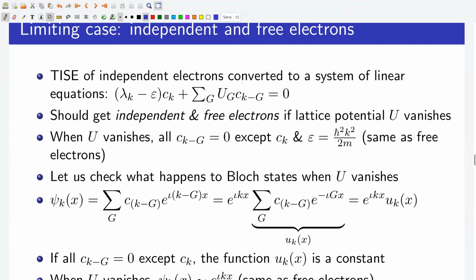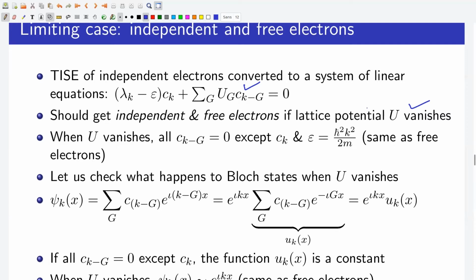So we have a system of linear equations representing the time-independent Schrödinger equation for independent electrons in a lattice. Note that these are not free electrons because we have a non-zero potential U, which has the periodicity of the lattice. Assume that potential U vanishes. In that case, we should get back the free electron results.